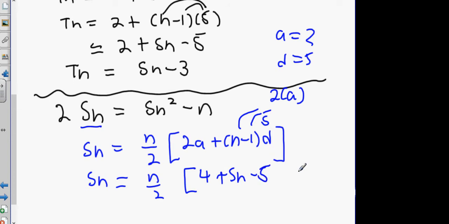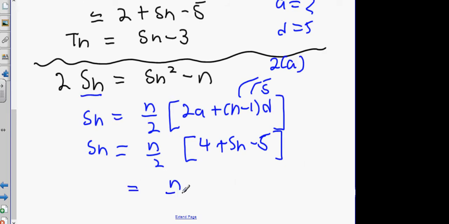So what we're going to get next is n over 2 into 5n minus 1. Now, guys, it's divide everything by 2 on the right hand side. If I want to get rid of that 2, what does it become on the left hand side?